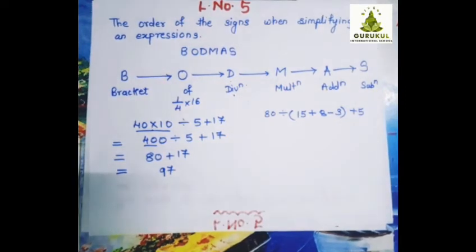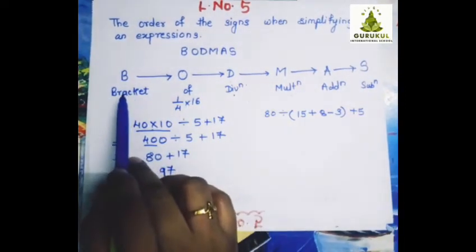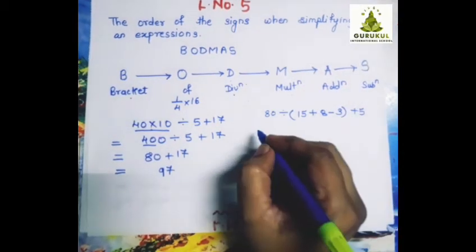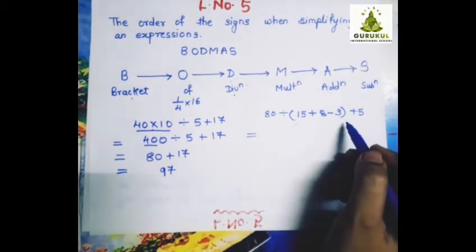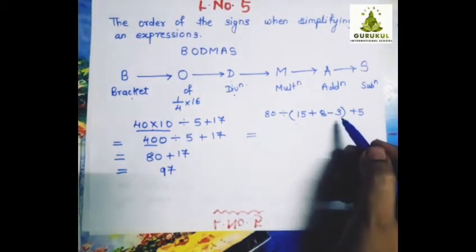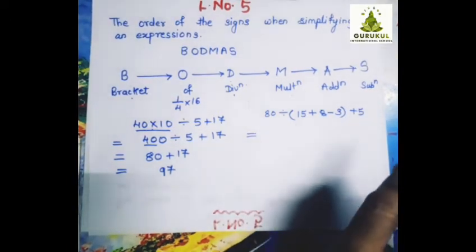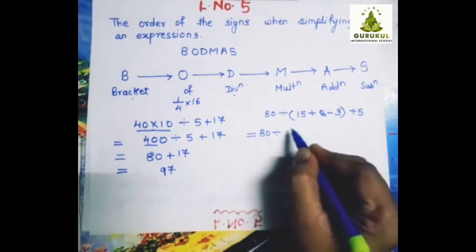So according to BODMAS rule, what do we have to follow first? Brackets, means the operations which are in the bracket, we have to solve first. So in this sum, the bracket has been given, and that we have to solve. Again in the bracket also the same rule, from left to right, whichever operation comes first, you have to do first. The rest of the numbers we have to write as they are.